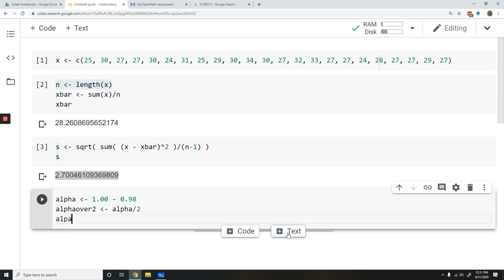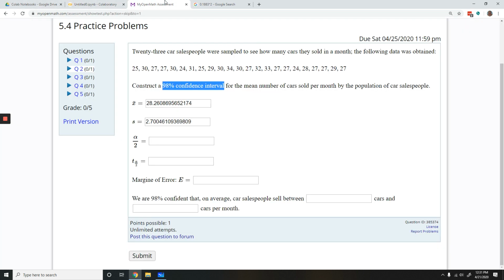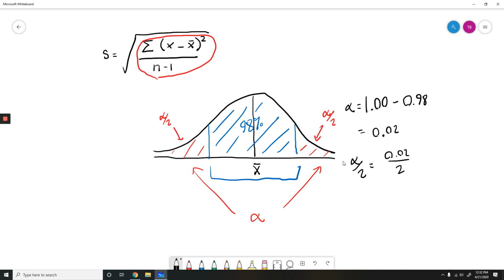So let's print that out. And so in our case, it's 0.01. So what that's telling us is we have 0.01 or 1% of the area in this tail, and 0.01 or 1% of the area in this tail.